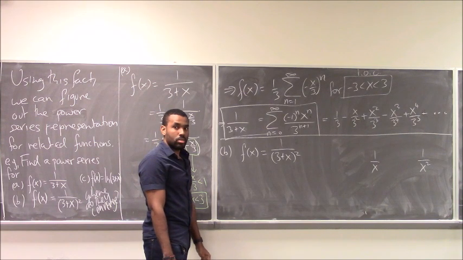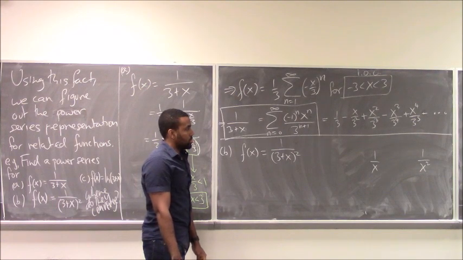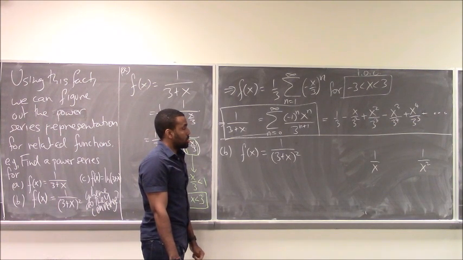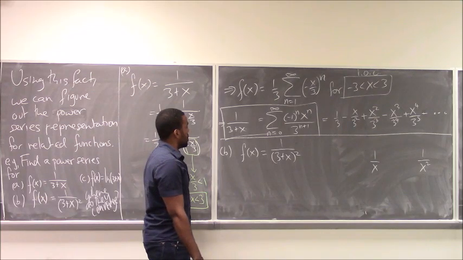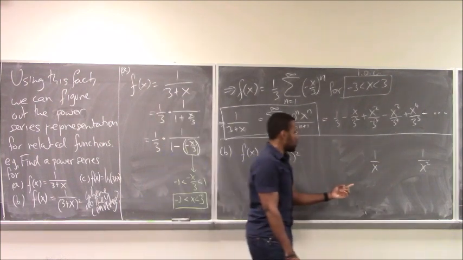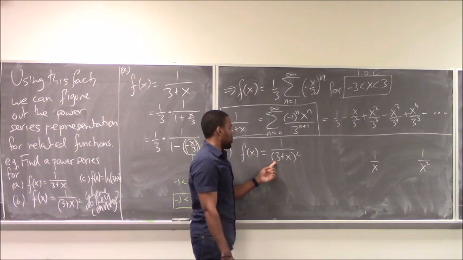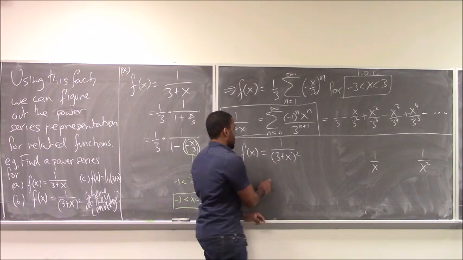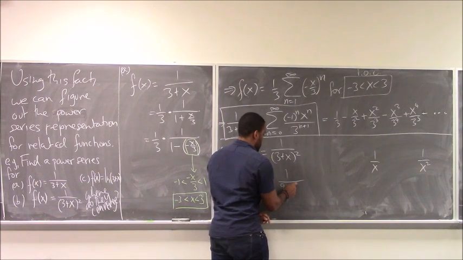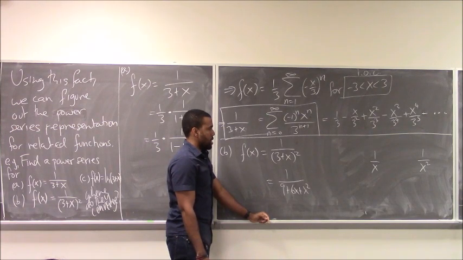Yeah? Since the ones in the numerator, can you break them apart into 2, and then factor out 1/3, and then square the entire thing? Which part? Where are you talking? Oh, I meant the original one. Here? Like what do you want to do? I mean, you can break it into 2, and have 1 over 3 plus x, and 1 over 3 plus x. Yeah, well that gets you like here.